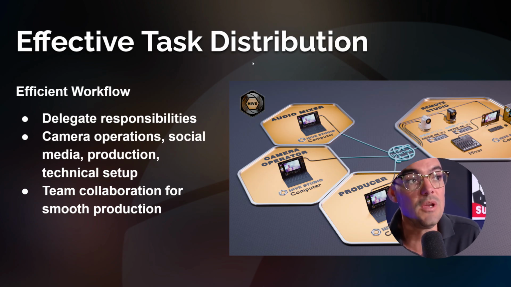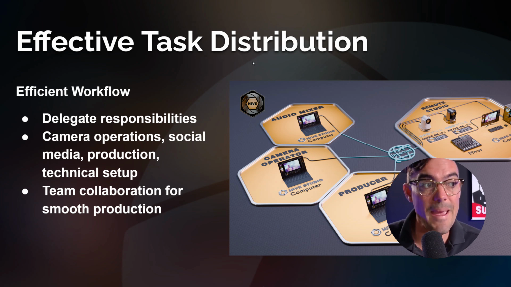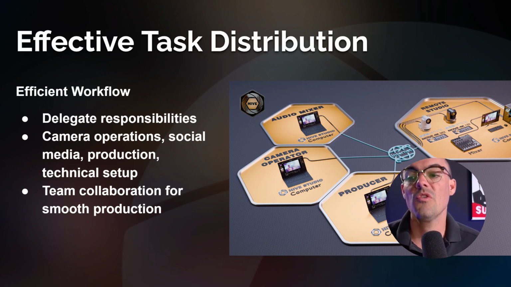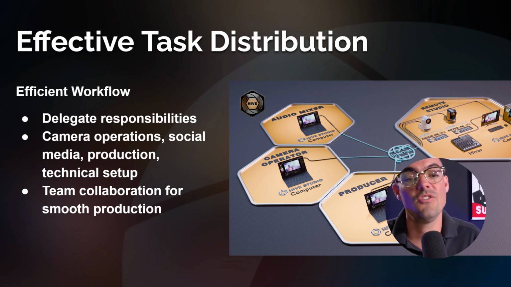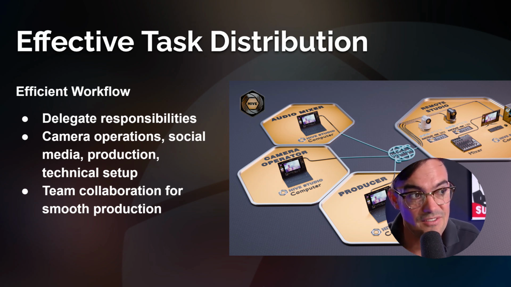And when you're doing productions, I want you guys to remember that it's important to work in a team, and you might want to delegate some of these responsibilities because it's more than any one person can do when these streams get larger. So you might want to delegate and split up camera operations from social media connectivity and chat room collaboration and communication.